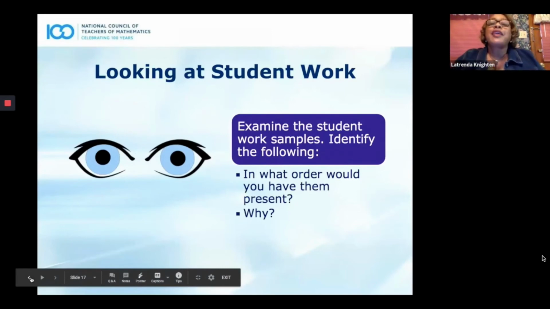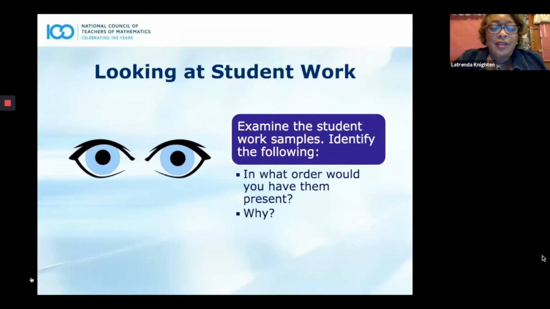So now that you've examined those 4 pages of student work, I want you to think about what order you would have those students present and why. And you may decide, I selected those 4 pages, but maybe you don't want all 4 of those students to present. So you do have that option in your choice. So we'll take a couple minutes and let you think about that and share in the chat box which order you would have them present and why.